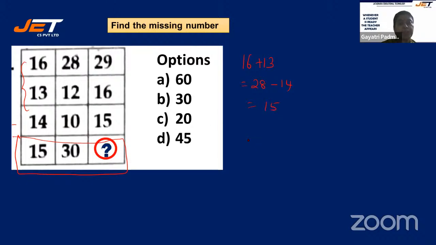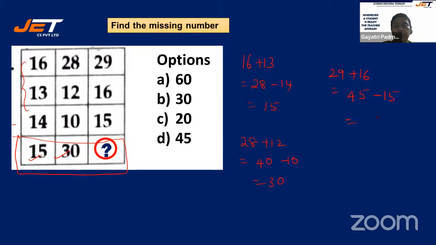Likewise, why don't we try for the second one? 28 plus 12, which is 40, right? Minus 10, 30. Okay, so both are tallying. So similarly, here also we can do 29 plus 16, 45 minus 15.